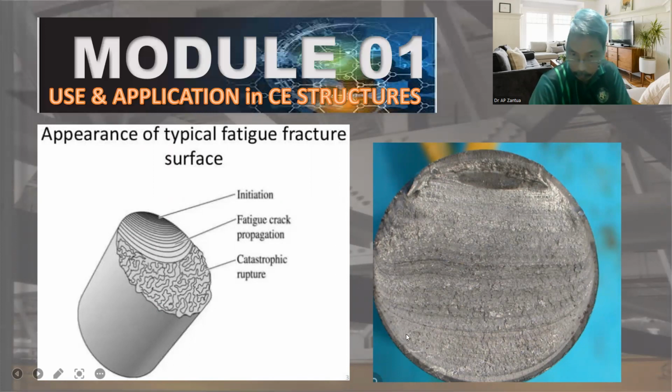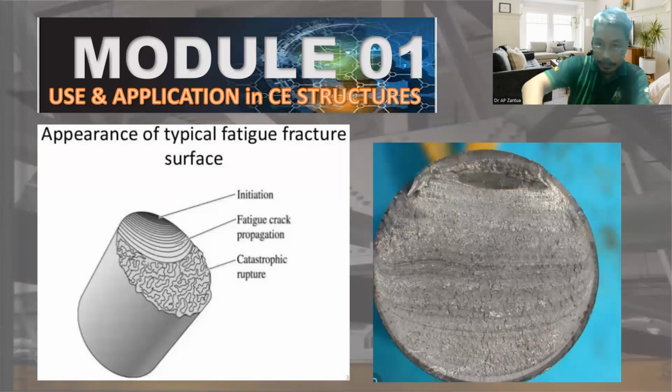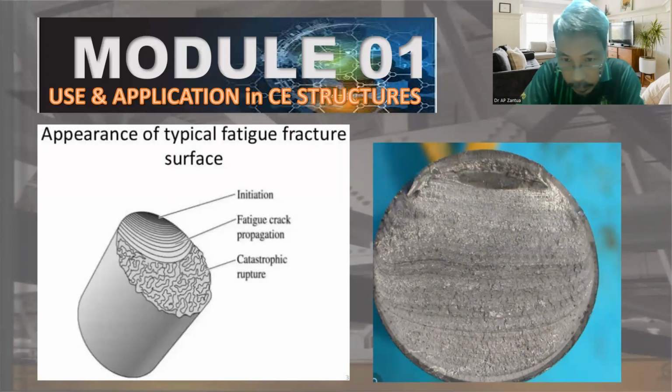The catastrophic fracture goes up to this darkest, somewhat dark part of the component. You will notice here the texture is different starting from this point.